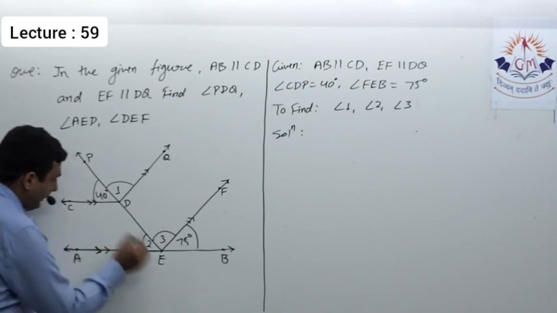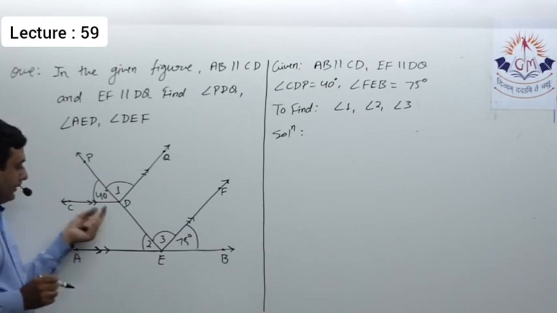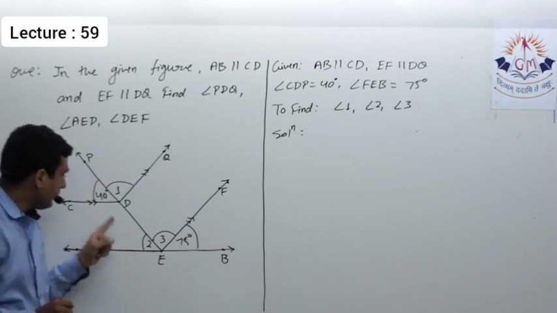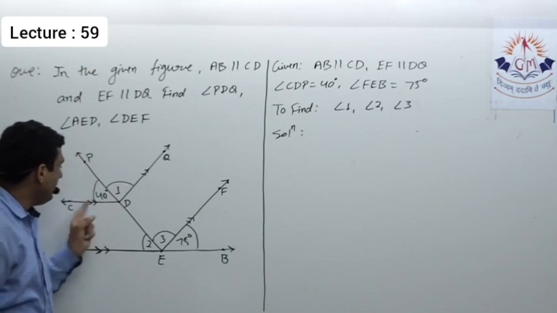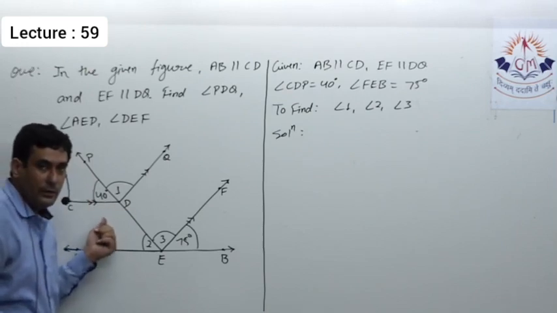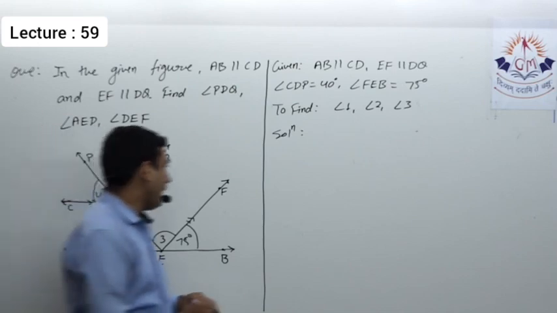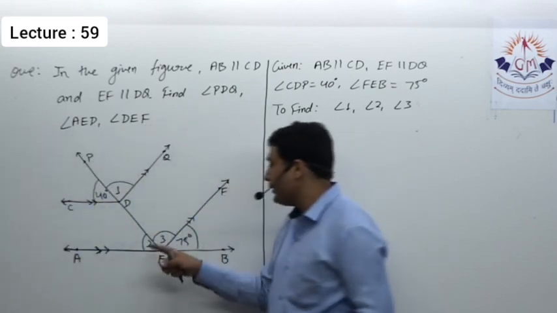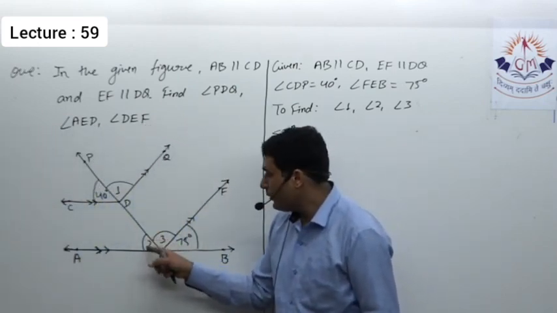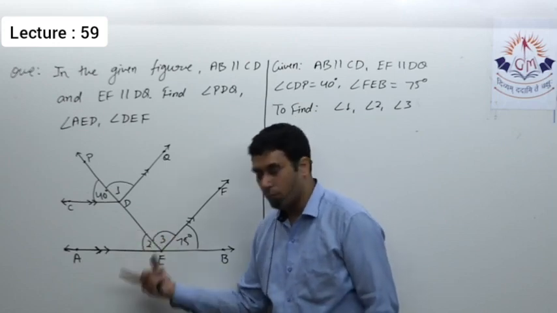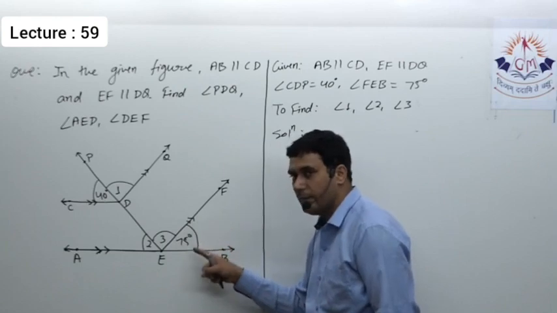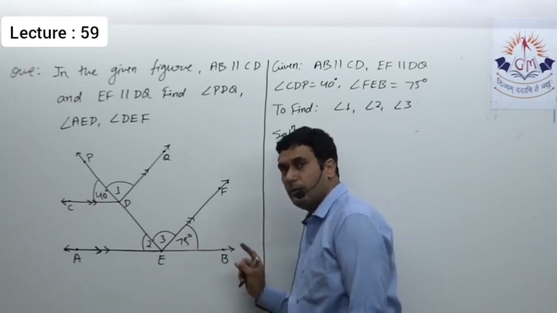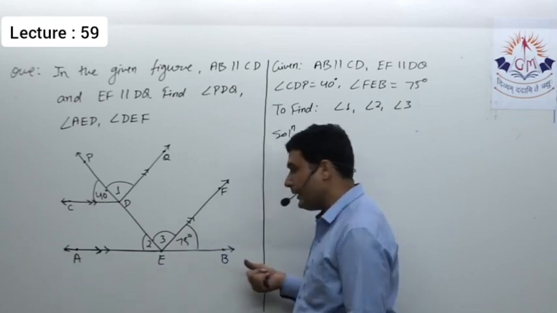See, here AB is parallel to CD. So simply we can say these two angles, angle 2 and angle CDP or PDC, are forming a pair of corresponding angles. So here I will get the measure of angle 2. As soon as I get the measure of angle 2, which is 40 degrees, I can apply angle 2 plus angle 3 plus 75 degrees equal to 180 degrees by linear pair, because this is a line.